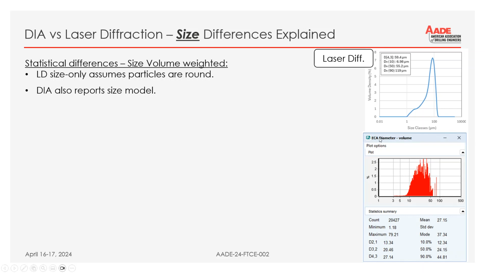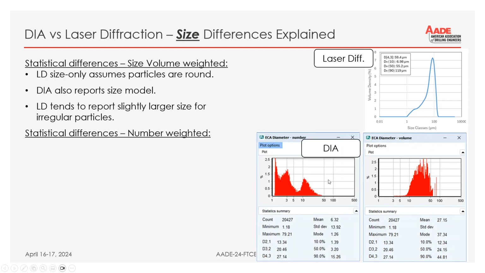So you'll see a laser diffraction distribution up here, and you'll see a dynamic image analysis measurement down here. But what ends up happening is laser diffraction will report slightly larger sizes if the particles are irregular. So if you were just looking at emulsions, I would tend to say that you're going to get very similar results, volume weighted, to laser diffraction compared to dynamic imaging if the particles are all round. If they're not round, laser diffraction will tend to oversize a bit.